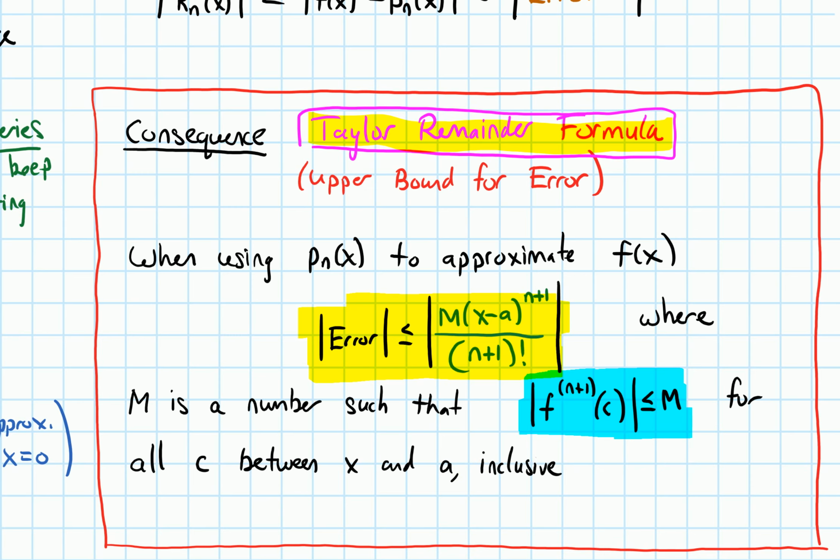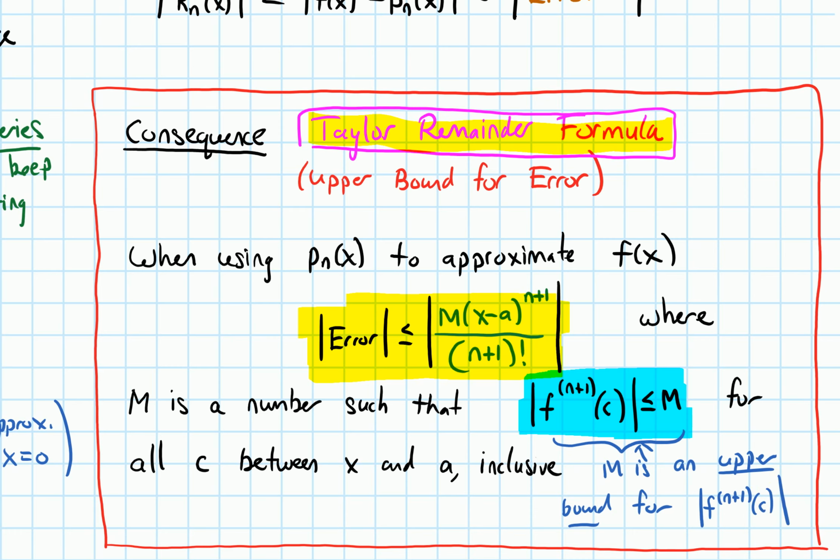In other words, on whatever interval we're looking at between a and x, including those endpoints, M has to be a number that's greater than or equal to the absolute value of this n plus first derivative of f on all values in that interval. We have a name for this: M is what's called an upper bound for the absolute value of the n plus first derivative.